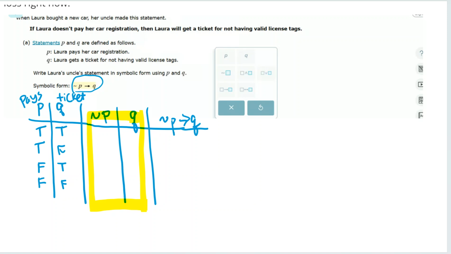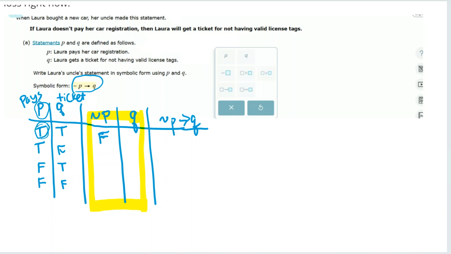All right, so the first thing I'm going to do is figure out what my not P is. So not P says take what the P is and make it backwards. So this is when she pays her ticket. So not P would be if she doesn't pay her ticket. So if she pays her ticket, then not paying her ticket is false. I hope that makes sense.